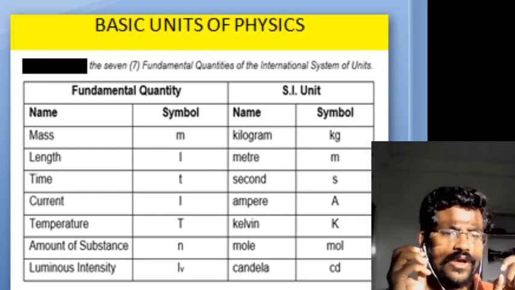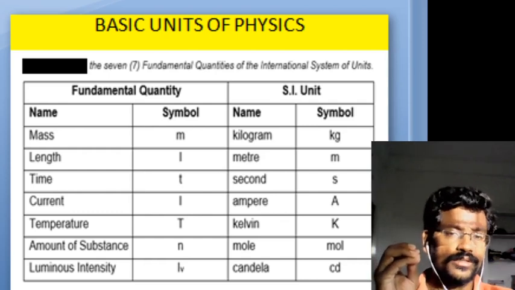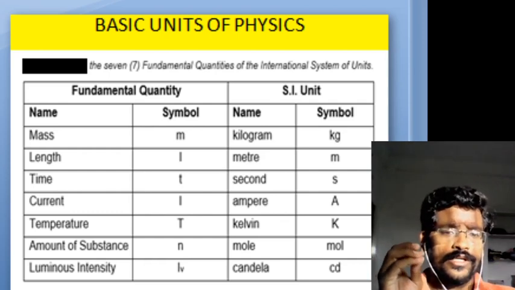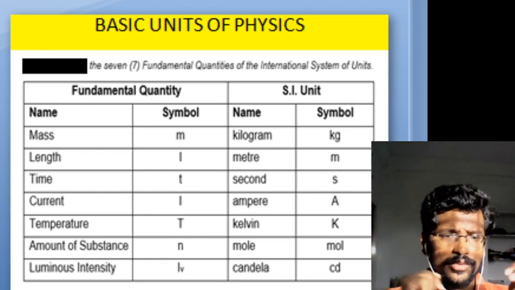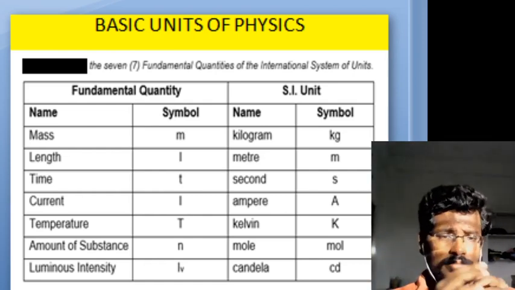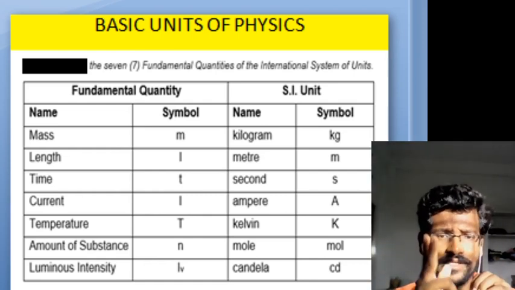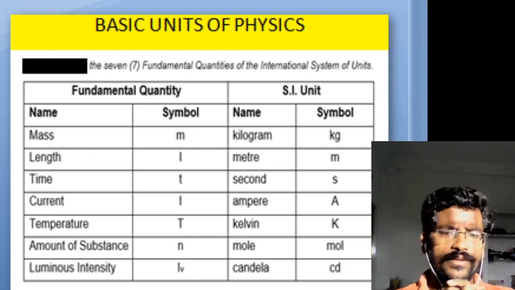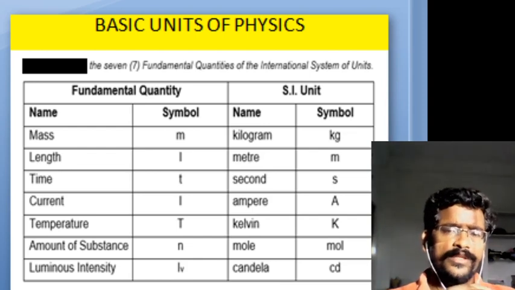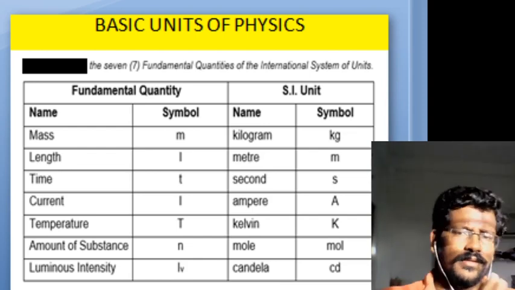The observation of the measurement of a body, whether it is cold or hot, is expressed as temperature, denoted by T. The SI unit of temperature is Kelvin. The symbol is K.